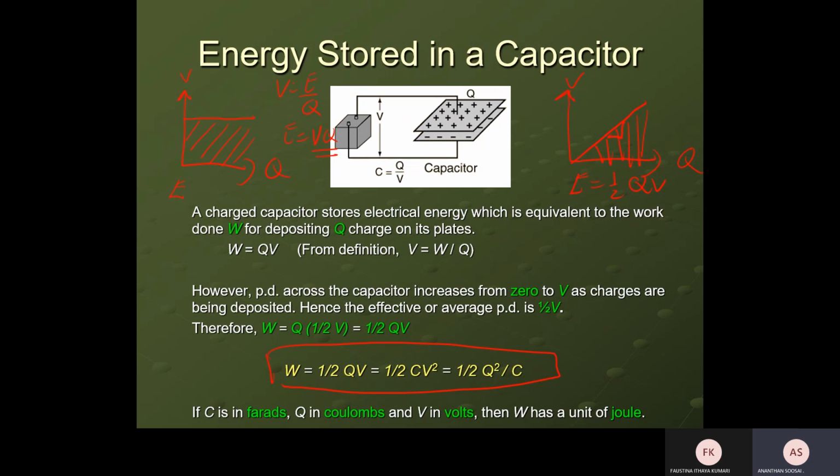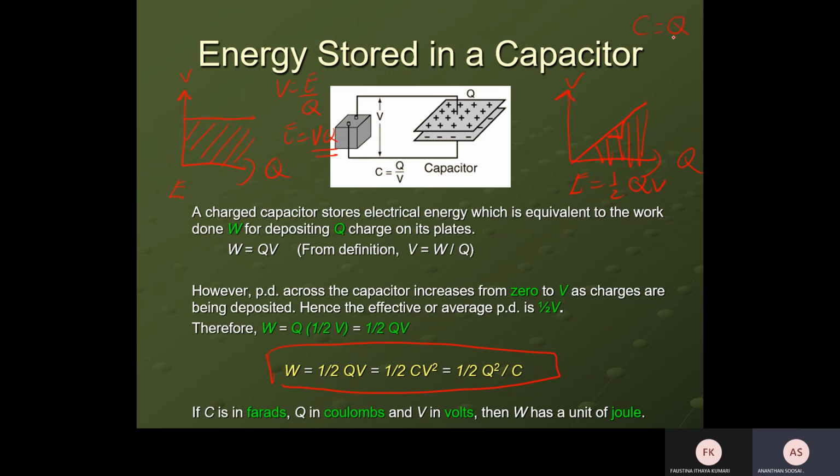If we replace Q, since C equals Q over V, replace Q with CV and we get another 2 forms. Why do we get that? Because for a capacitor, the voltage changes linearly with charge. That's the definition of capacitance, right?